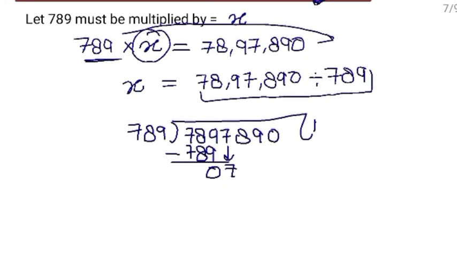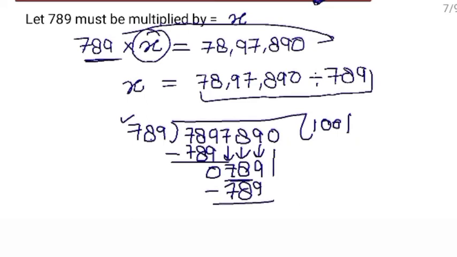We cannot divide 7 by 789, so we put 0 and then copy down the next digit 8. 78 is not divisible by 789, so put 0 again and copy down the next digit. Now 789 means 789. Copy down the next digit 0.